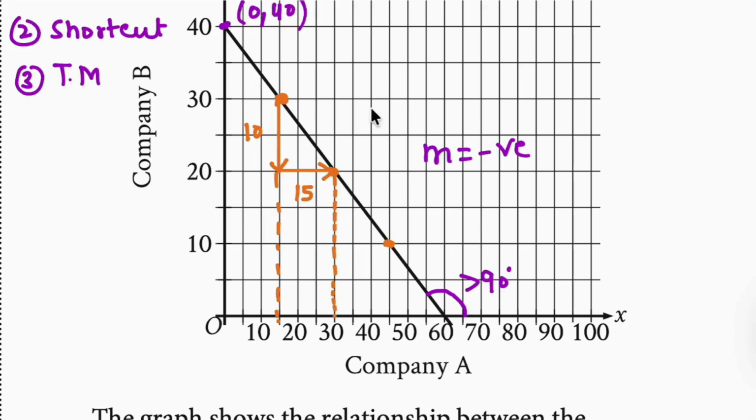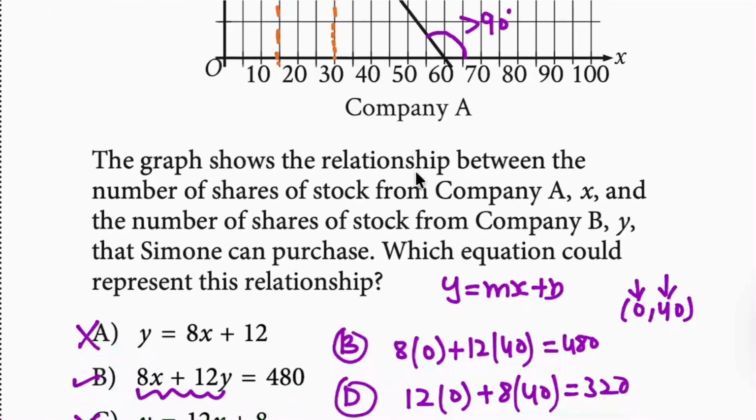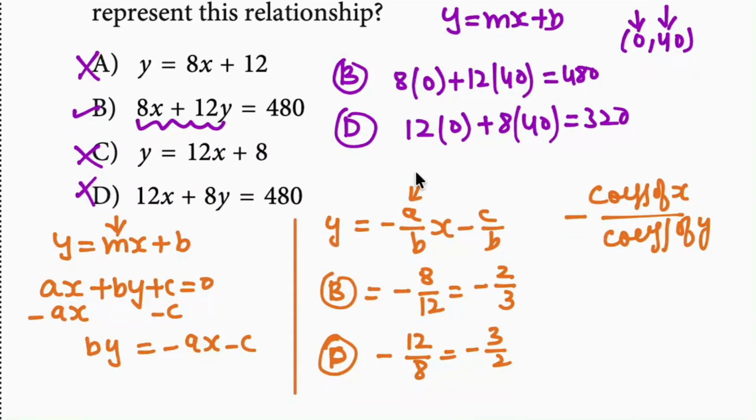So that is total 15. So negative 10 over 15 is the slope. So negative 2 by 3. Now I know how to calculate the slope from the standard form and what is the slope in the equation or the graph by rise and run.